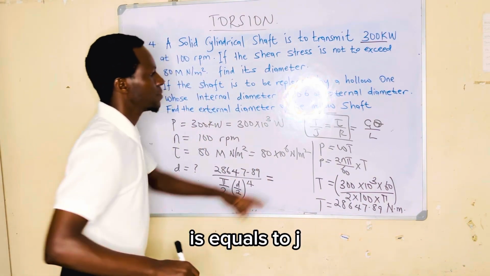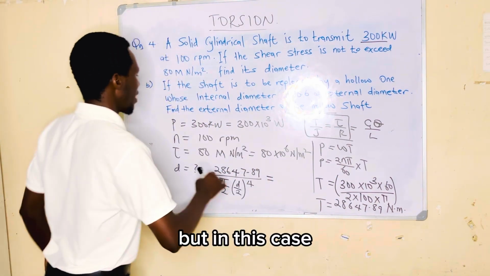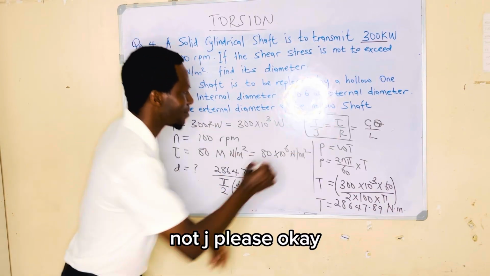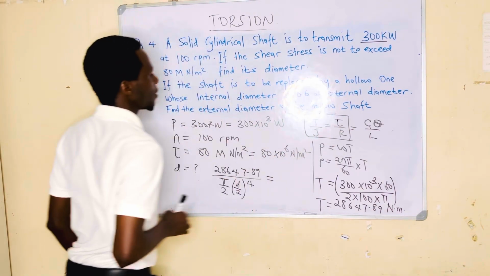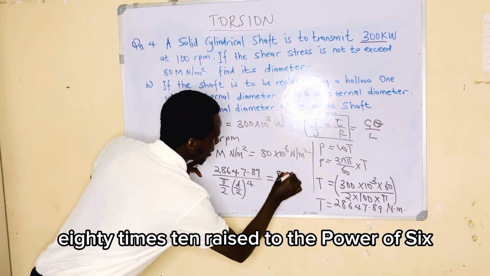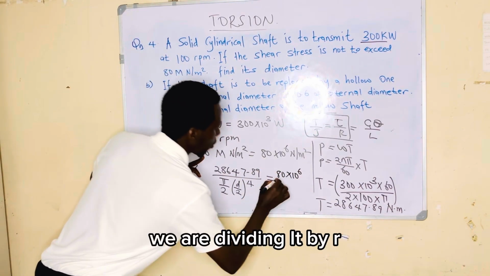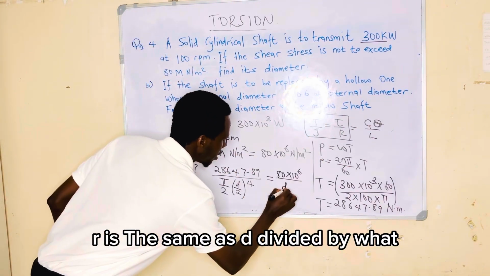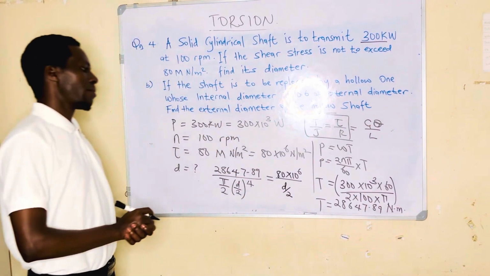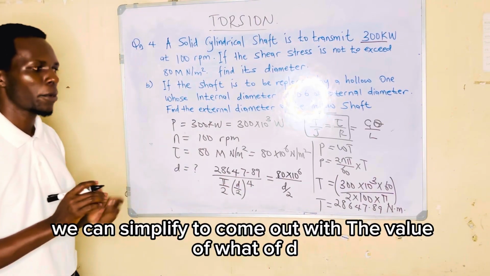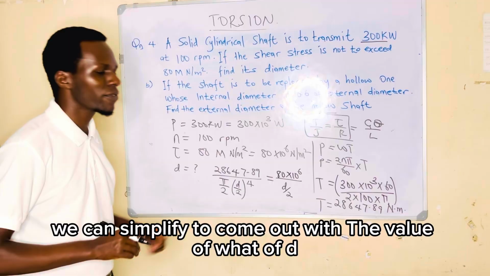This is equal to tau, not J, please. So our tau is given to be 80 times 10 raised to the power 6. We are dividing it by R. R is the same as D divided by 2.